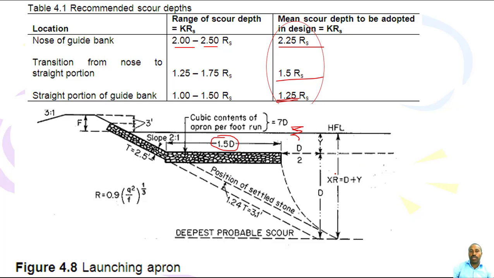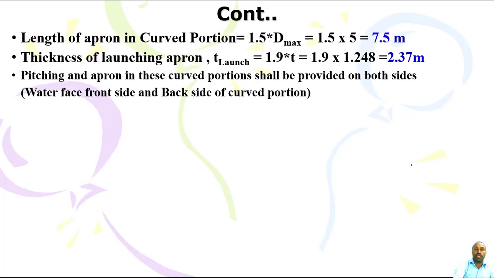Then the depth of maximum scour below river bed level will be this one, DS. River bed level minus the elevation of this one, we have already completed the best probable scour depths you can have. So from HFL up to here is completed, and from river bed level up to here again we have completed. So accordingly, let us see now.